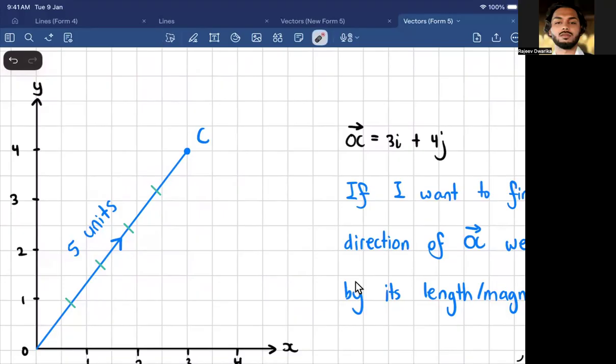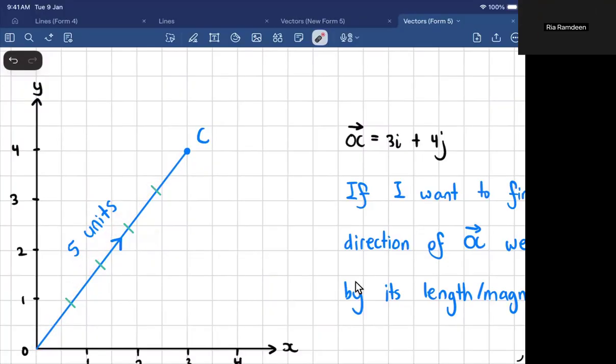So check this, Ria. This is 5. If I want to get a vector whose length is 1, what should I do with O to C? So if O to C has a length of 5, what would I have to do with it to get a small vector whose length is 1?